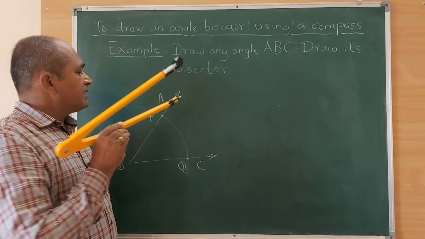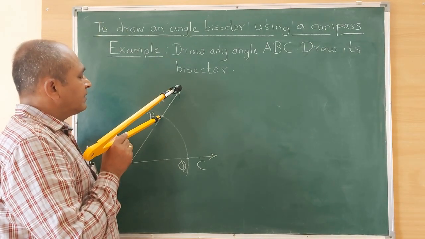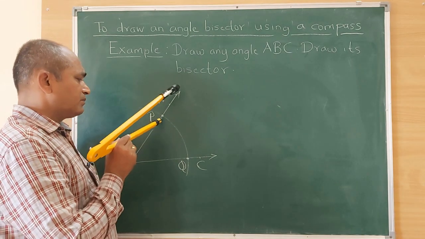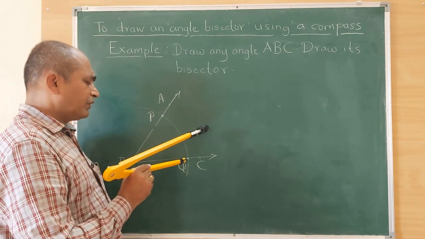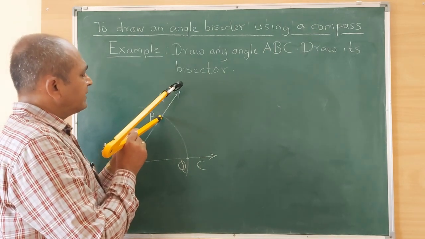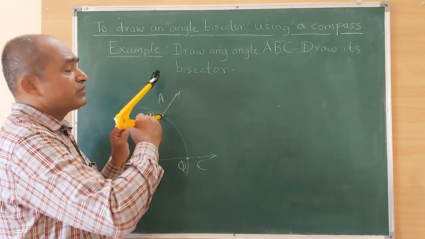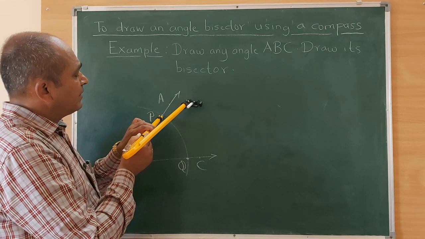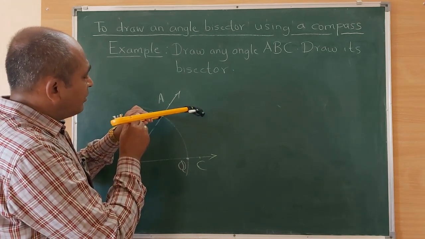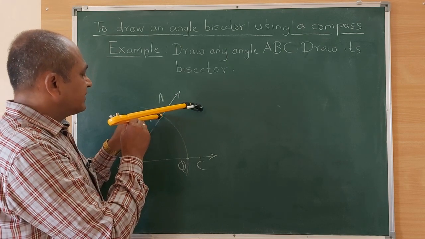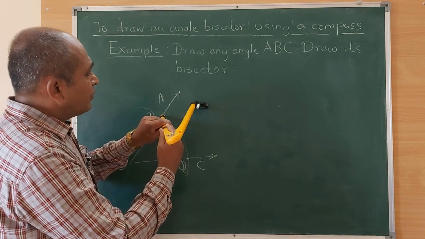Put your compass metal tip on one of the intersection points. You can keep it on P or on Q. And inside the angle, not outside, by keeping your metal tip of the compass on the first intersection point, that is point P, draw one arc here.